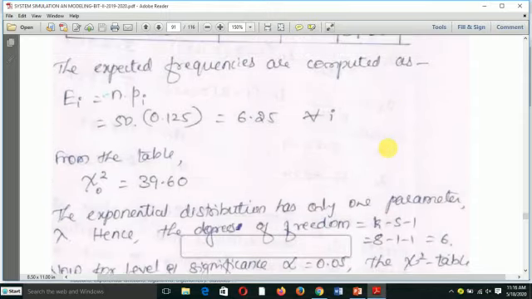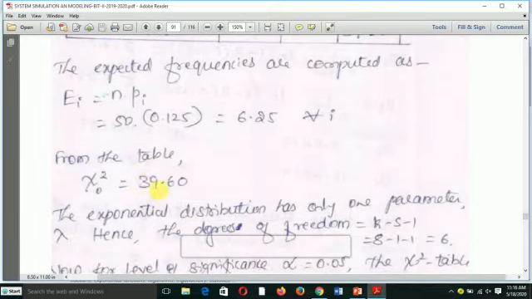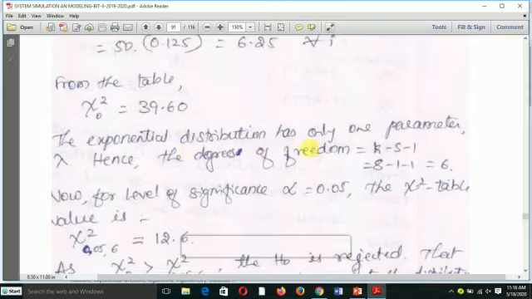So from the table here, the last value, the total, will be the chi-square test value, which is 39.60. Now we have to check if this distribution follows exponential distribution or not. Here we are having one parameter. Which parameter?